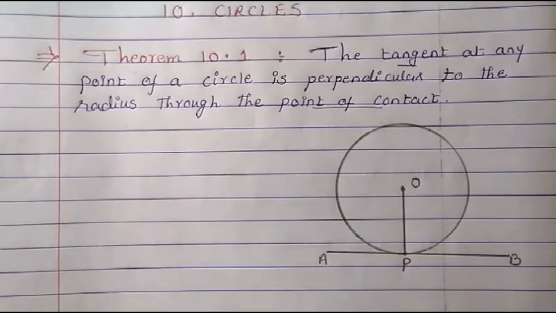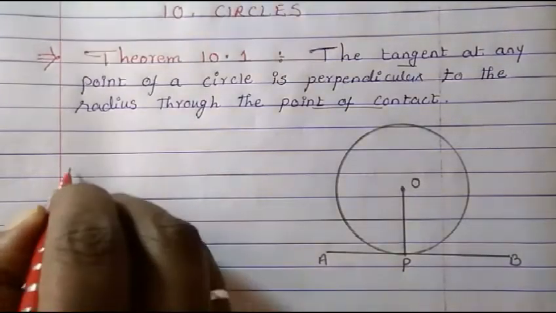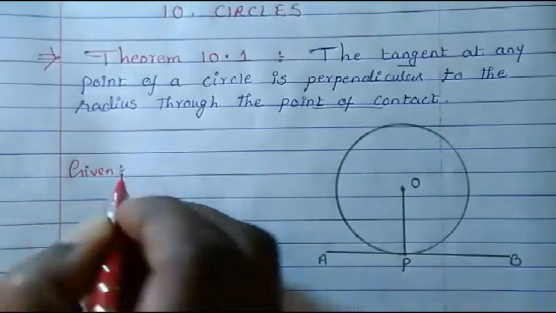Let's first write down what is given to us. Whenever you do a theorem, you have to write down what is given.